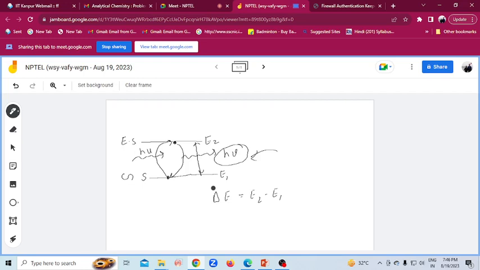Similarly, one example I want to discuss here. Suppose in our indicator, suppose it is methyl red.